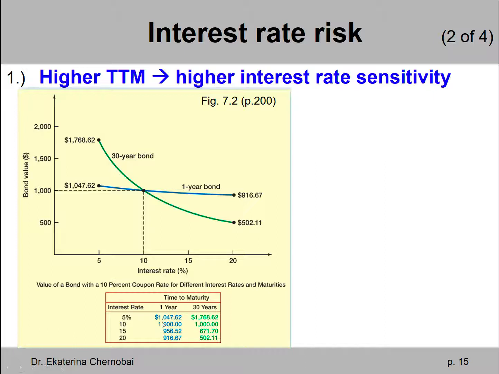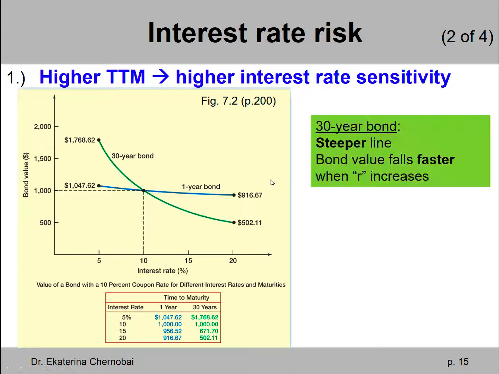If you plot the results on this figure, you would get these two lines, the blue line and the green line. The blue line for the 1-year bond, which is almost flat, and the green line for the 30-year bond, which is a lot steeper. Right? So it comes from the calculations that you can actually try doing yourself. It could be a good practice.